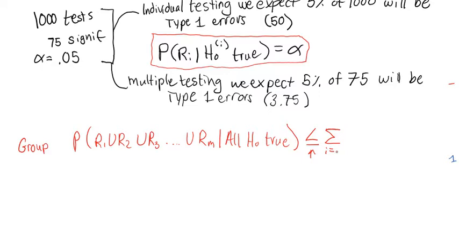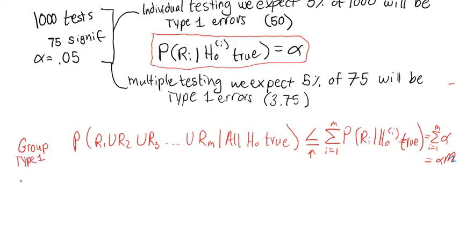The upper bound of this probability is the sum of all of these probabilities individually. And the sum of these all individually, i equals 1 to m, is the sum of all these alphas, which is alpha times m. That's the group type 1 error rate if we do no adjustments.